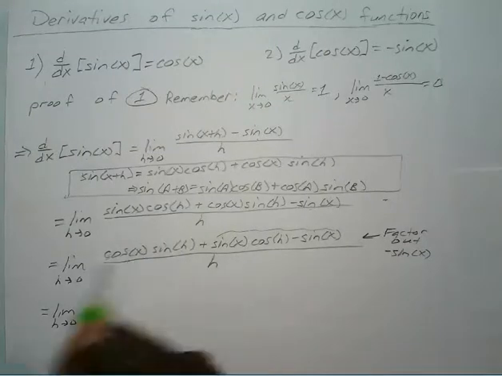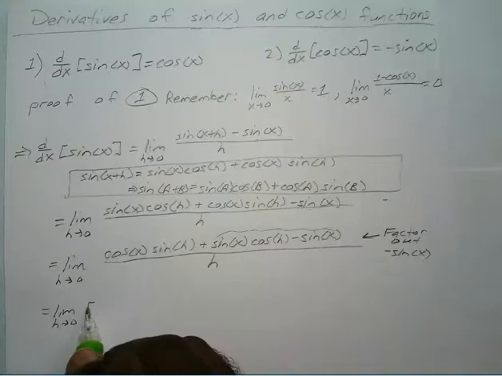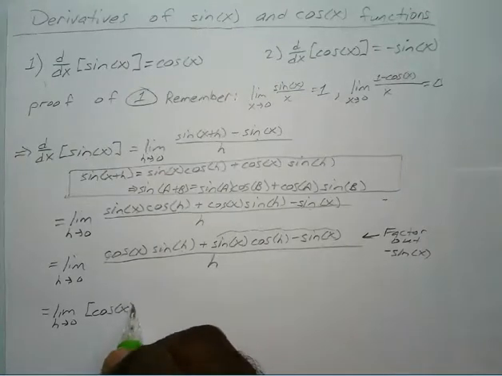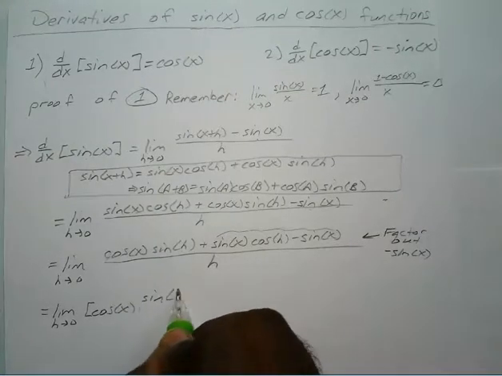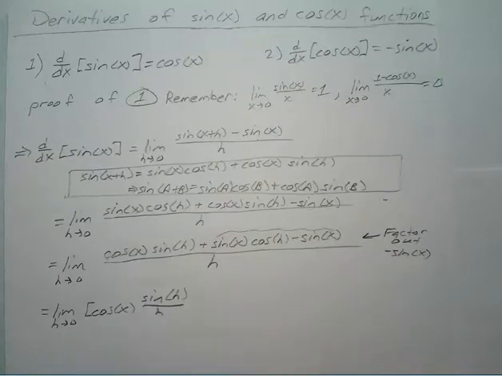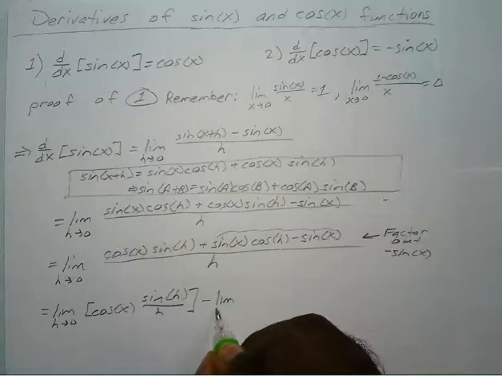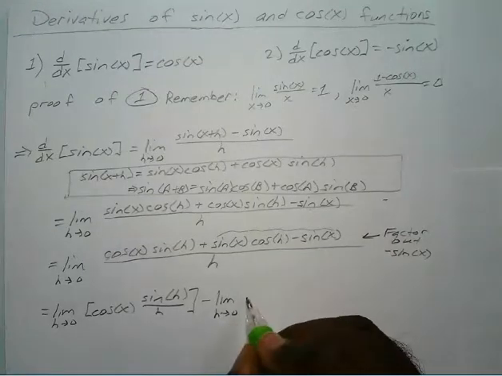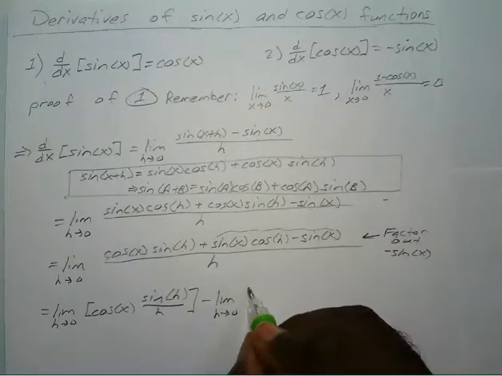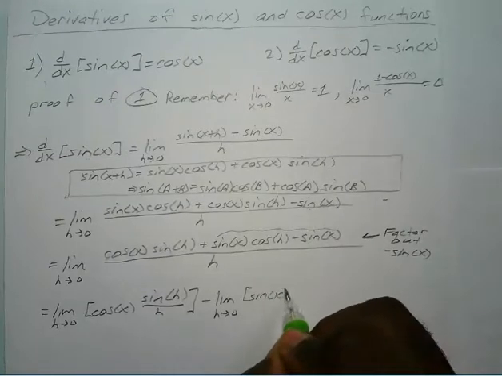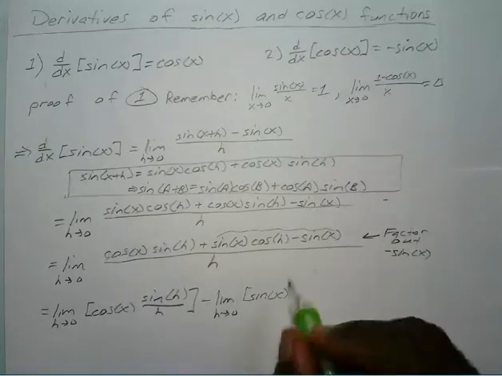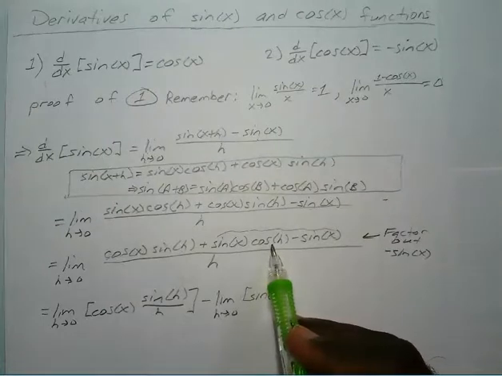If we bring cosine of x out to the front, we have cosine of x times sine of h over h. And if we factor out the minus sine of x, that ends up being minus the limit as h approaches 0 of sine of x times 1 minus cosine of h over h.